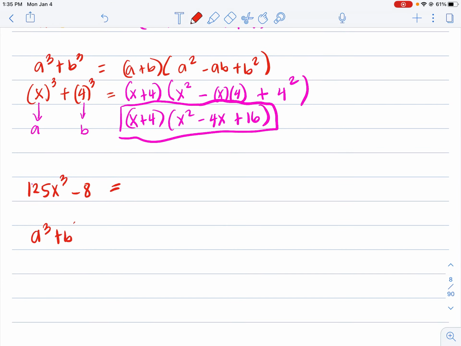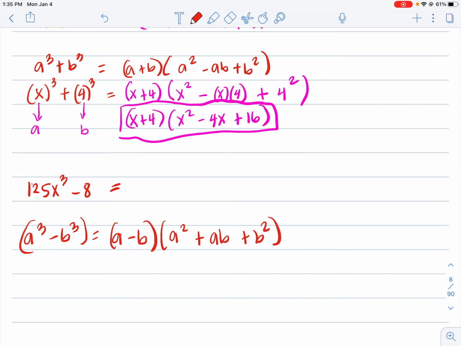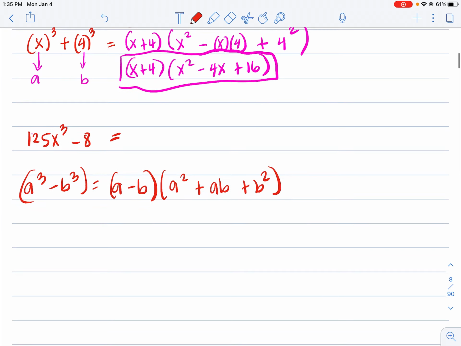A cubed plus b cubed equals a plus b, times a squared minus ab plus b squared. For a cubed minus b cubed, we have a minus b. So please take note of the changes of the formula. A squared plus ab, and this one is always positive. Okay?